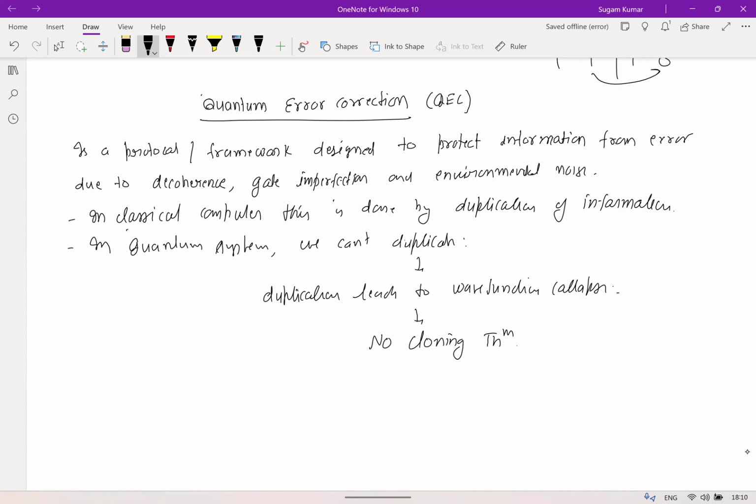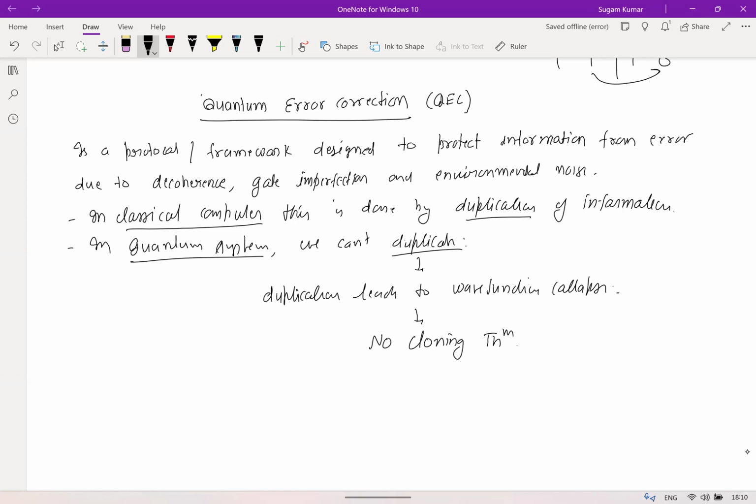So in the classical system, if you fear that the actual information may get lost, you can create multiple copies of that information, and if it gets lost, you can replace it with the duplicate one. But in the quantum system you can't do this, because once you try to copy, the wave function is going to collapse. You may copy it, but the original will be lost.